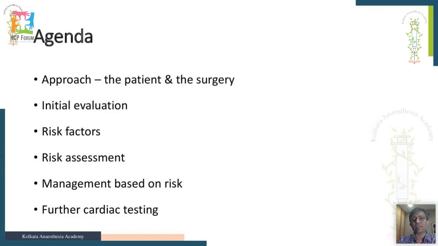We will not discuss how to manage a specific problem, but rather the flow the patient should go through, and whether there is any role for further cardiac testing. So this is a practical approach.